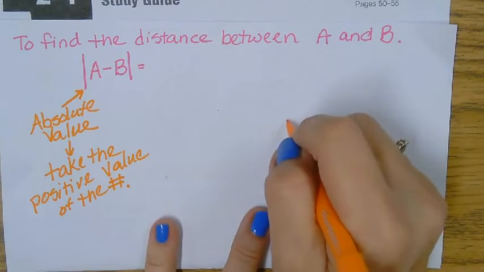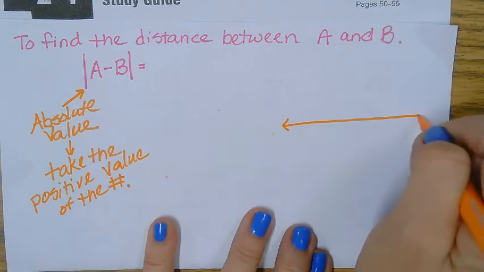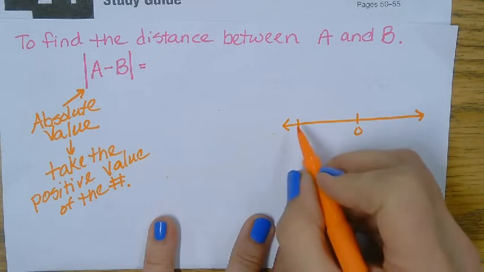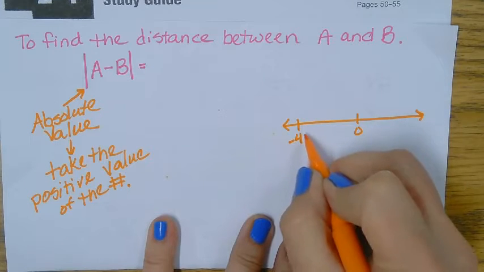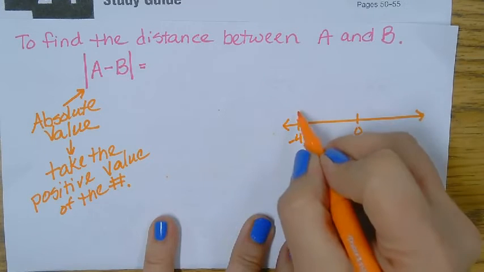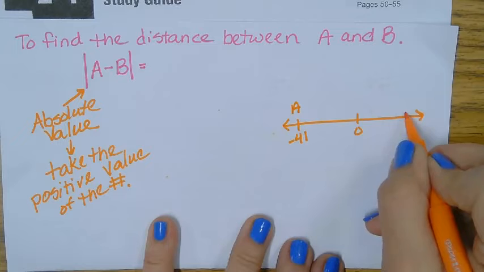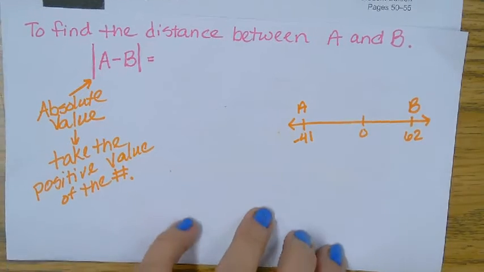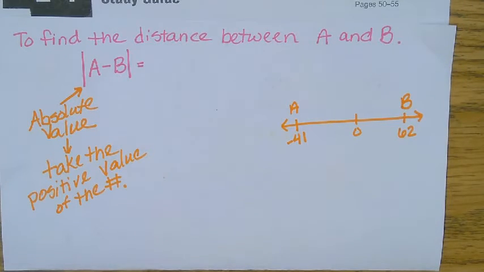So what if I have something like this? There's a whole bunch of spaces in between here. I'm going to only indicate the ones I want to look at. So I have 2 points, A and B, on a number line. One's at negative 41 and the other's at positive 62. Definitely don't want to have to try to count those, right?